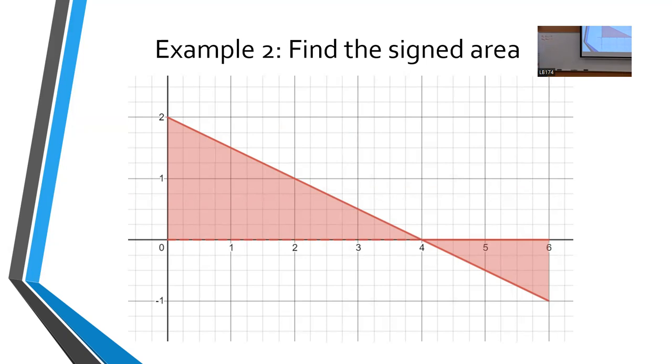So when we do our calculation of signed area, I'm gonna have to take the area of 4 and subtract 1 from it. So the +4 plus a -1. And so the signed area of this figure in total would be a +3.